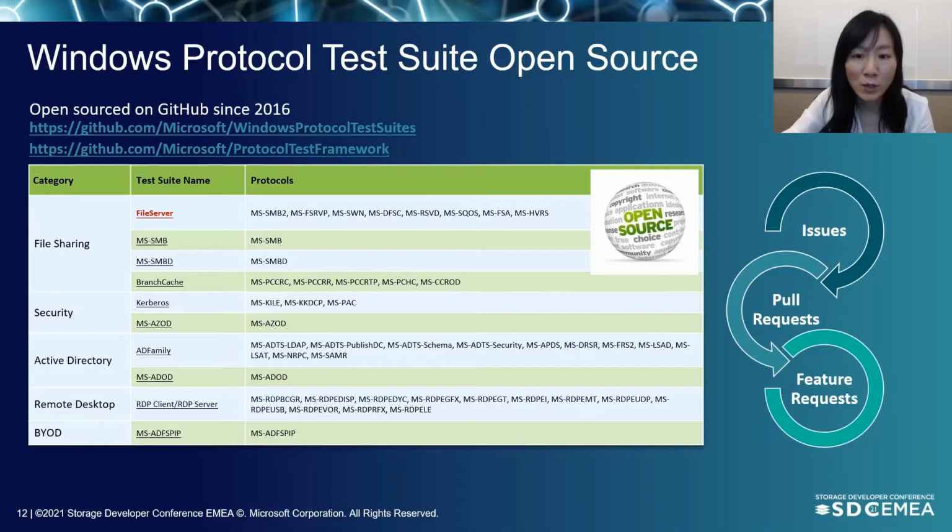If you are interested, please take a look at our GitHub repos and feel free to contact us to raise issues, to send us pull requests and feature requests. We will take a look at these issues, pull requests, and feature requests from time to time on our GitHub repos.